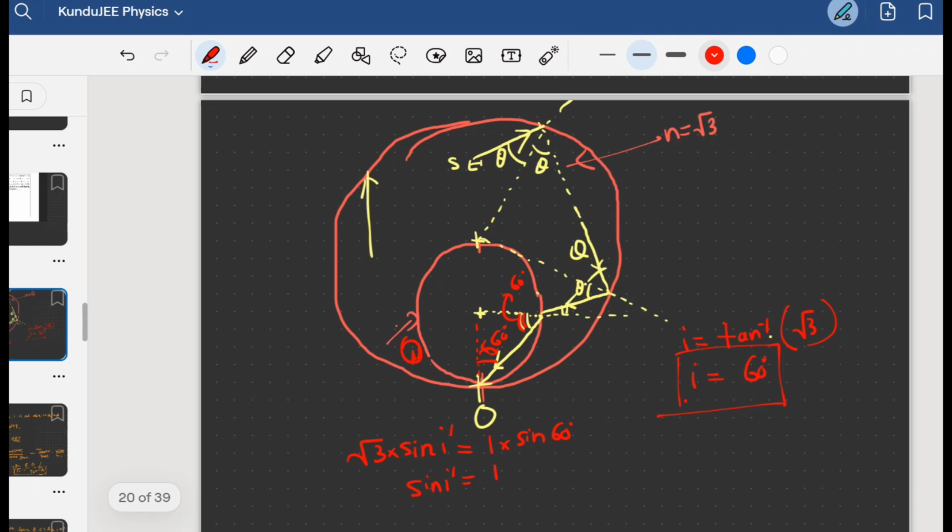Here root 3 is there, so half. So I dash I am getting 30 degrees. So the angle of incidence at the interface of the air cavity is 30 degrees.